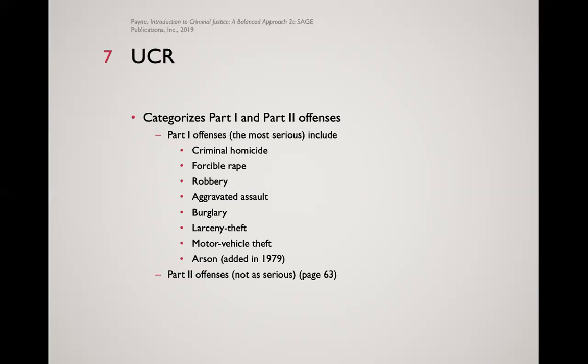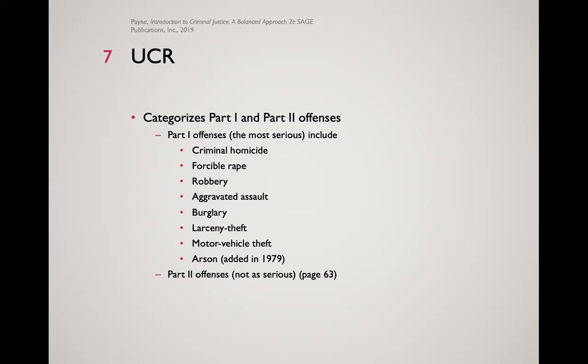Deaths caused by negligence, attempts to kill, assaults to kill, suicides, and accidental deaths are excluded. Forcible rape is any penetration without consent of the victim. Yes, this is vaginal, oral, anal; any penetration without consent of the victim is forcible rape. It is a Part 1 offense.